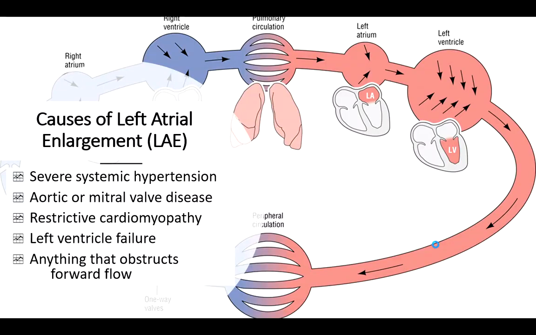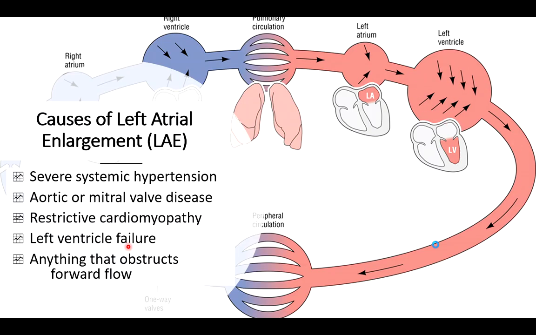Remember that system in reverse? Problems here? Anything that obstructs forward flow, like hypertension, like arteriosclerosis, like atherosclerosis, like a narrowed vessel causing resistance to forward flow. Ooh, let's go follow the system in reverse. We're now in the left ventricle.